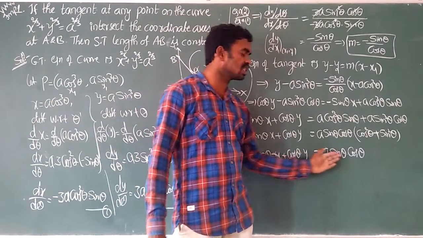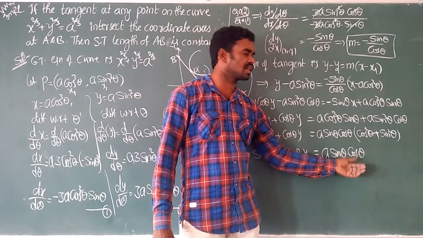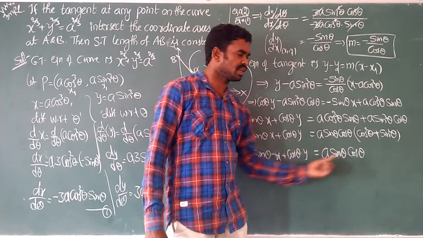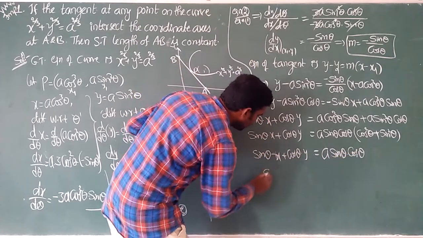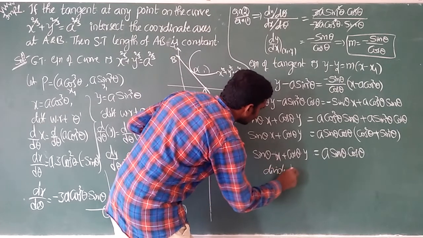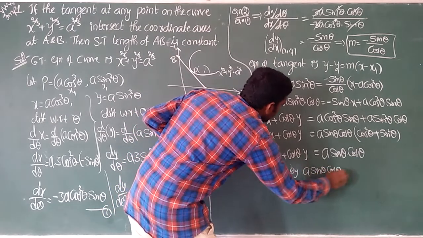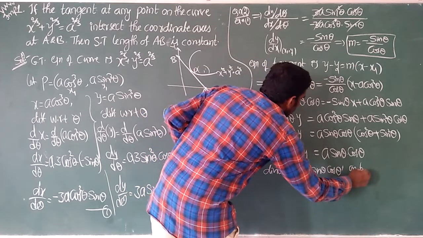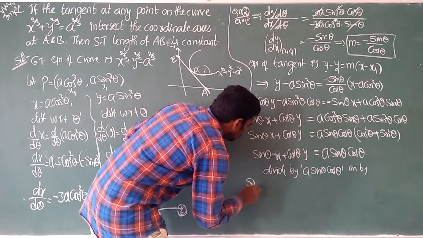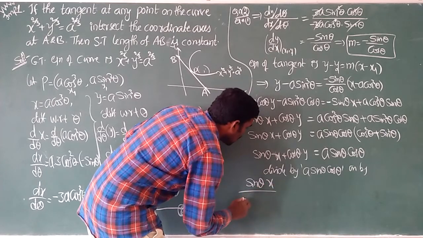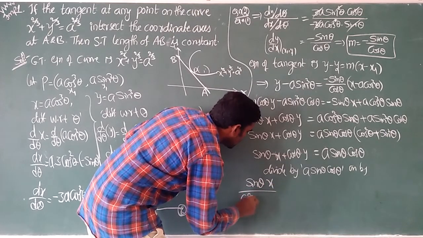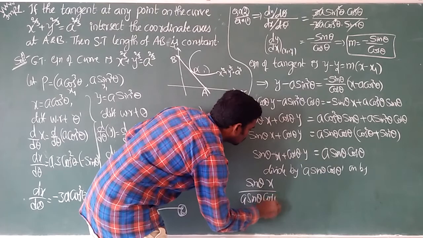Yes, what is after the equals? a sin theta cos theta. So divide each and every term by this term. So divide by a sin theta into cos theta on both sides. Then sin theta into x by a sin theta cos theta.